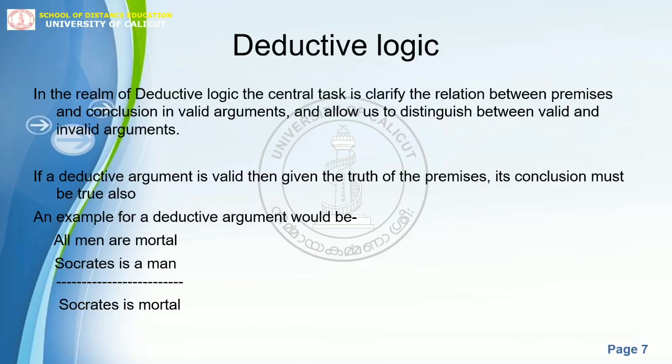Now let us look at deductive logic. In the realm of deductive logic, the central task is to clarify the relation between premises and conclusion in valid arguments and allow us to distinguish between valid and invalid arguments.